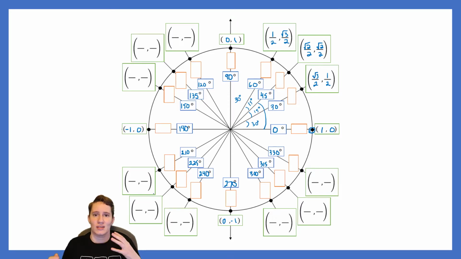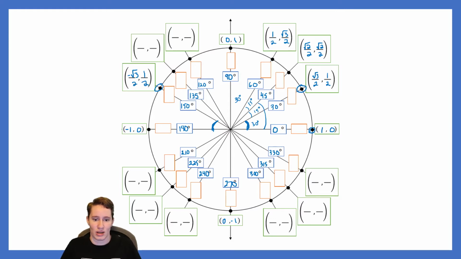Then what happens in these other quadrants is that we have the same things happening. Because this angle is a 30-degree angle and this angle has a reference angle of 30, this point and this point are going to share values, but this one over in quadrant 2 has a negative x value. So this will be negative square root of 3 over 2 and 1/2.